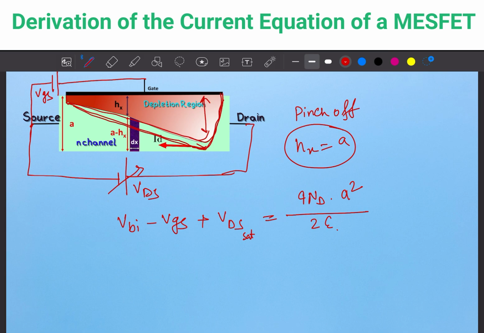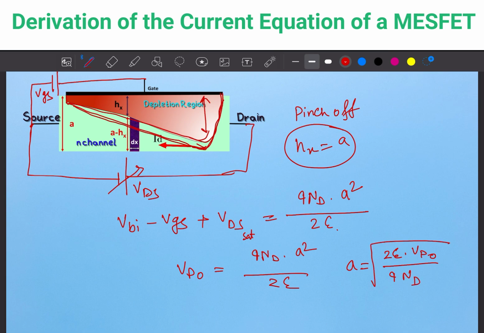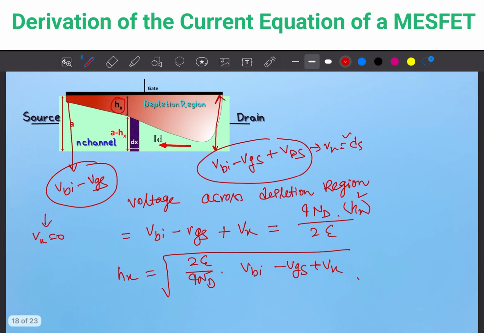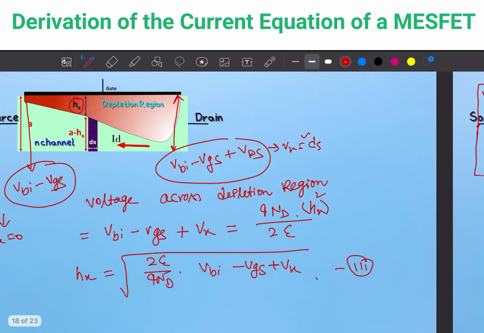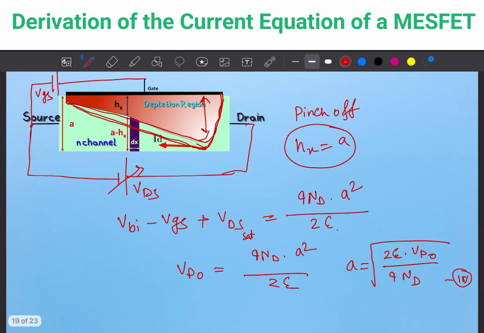So that means Vp is equal to q Nd a square by 2 epsilon. From here, we can write down a is equal to the root of 2 epsilon Vp0 divided by q Nd. So this will be equation 4, and this will be equation 3, where we get the Hx and the value of a.